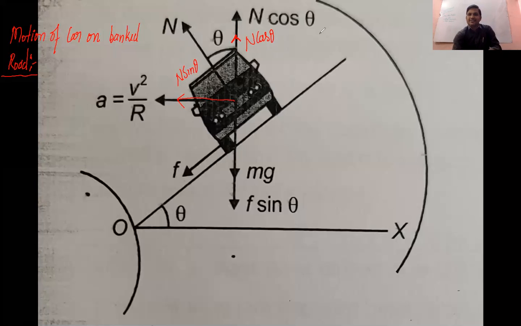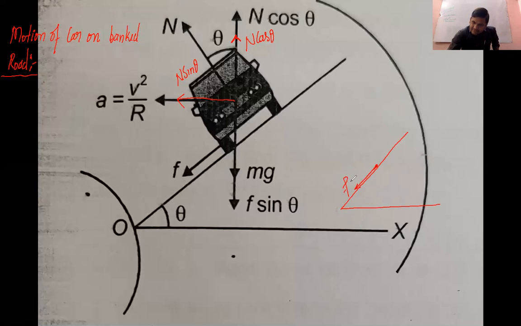Okay, so this is your n cos theta, one of the components, and this is your n sin theta, that is one of the components of the normal reaction. Okay, and there will be one more component. Look here, because once I draw the diagram like this, we can see the FBD. This is the actual figure. If you are seeing the FBD of this, suppose this is level road, and let's say this is the car, I'm making it as a point only, and this was the friction force that was acting in this direction.